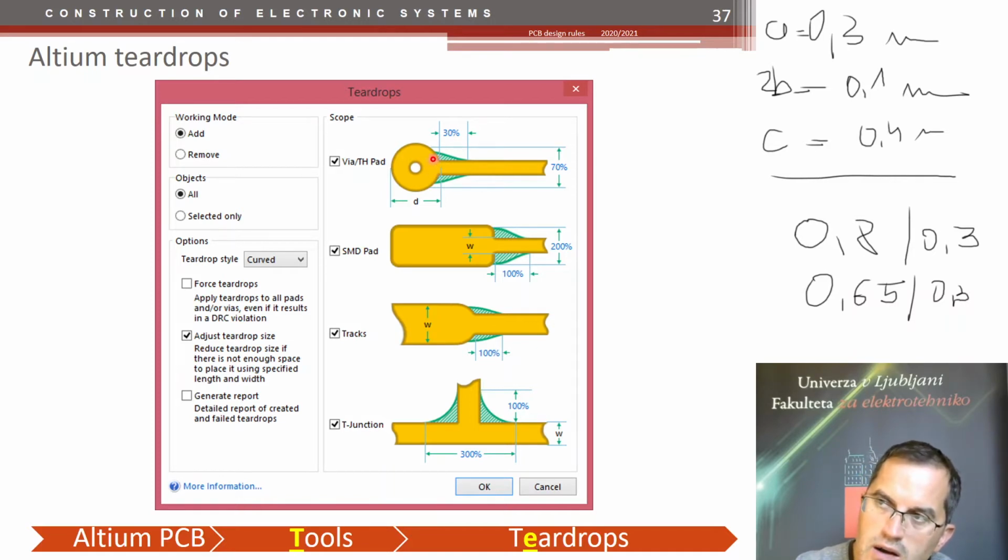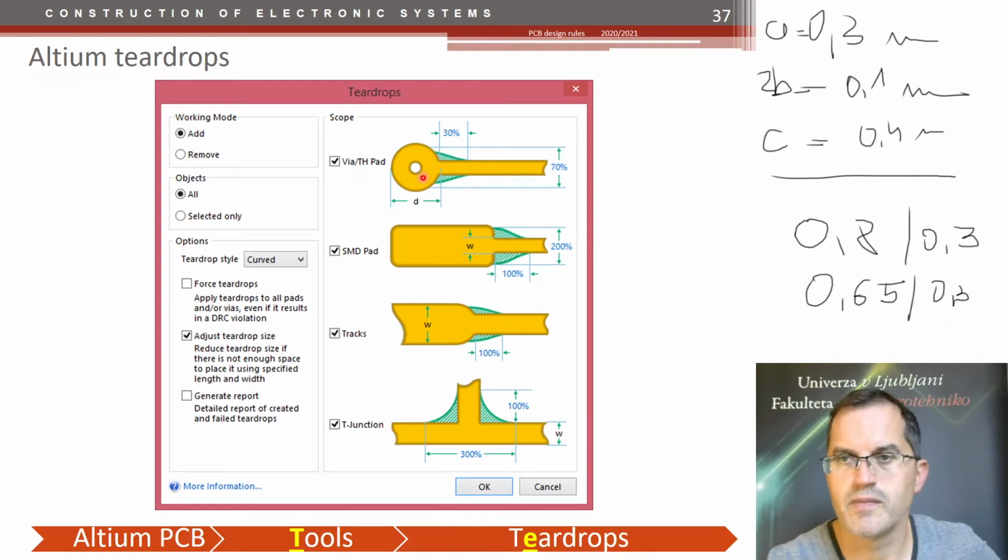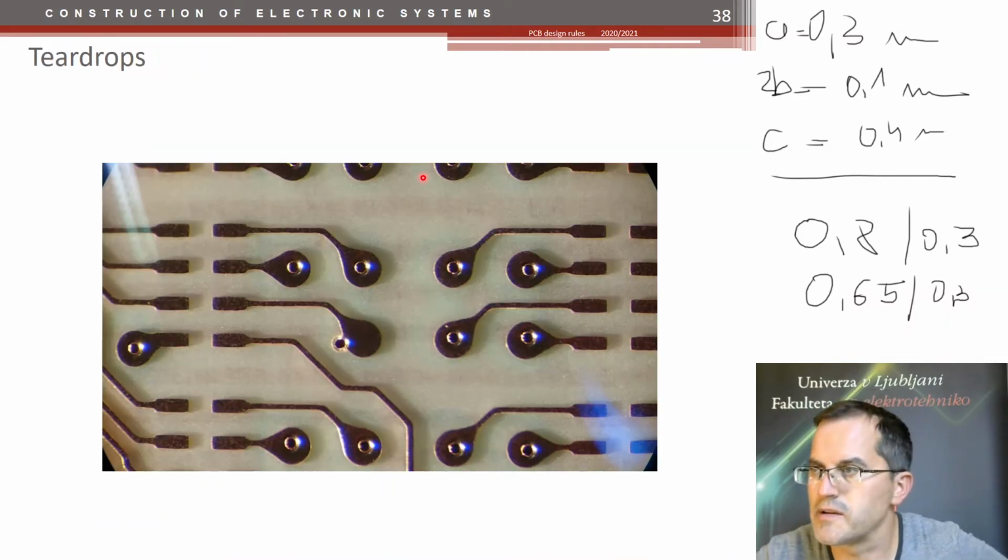Let's say if the hole is drilled here, then you may get a problem with conduction, but if the teardrop is made, then it might just go through. And this is how the teardrops look.